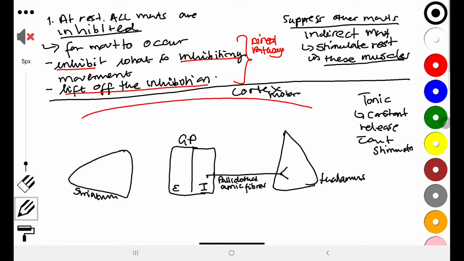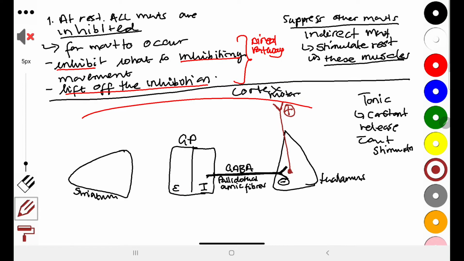Now this guy over here constantly releases GABA. So this guy here is GABAergic, and we know that GABA is an inhibitor. Now the fibers that come from the thalamus and go to the motor cortex are excitatory.